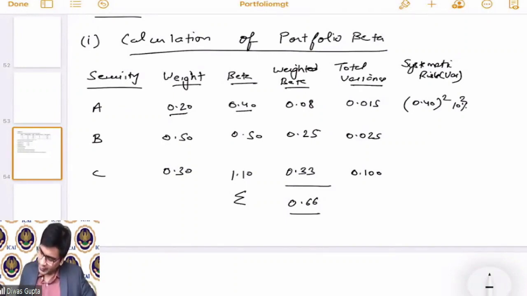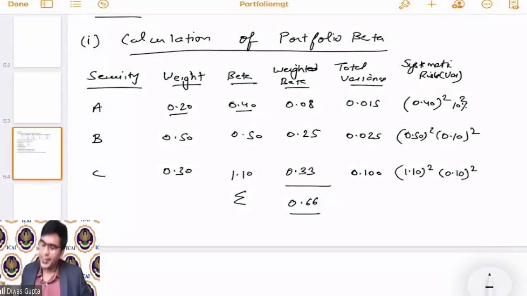Similarly, the next point will be 0.50 square, 0.10, which is 10% square. Correct? And lastly, we have a beta of 1.1 square, 0.10 square. This will give us the systematic risk, or the risk from the market angle, right? That we have studied in the Sharpe index model. From the macro factor side, this is the risk.